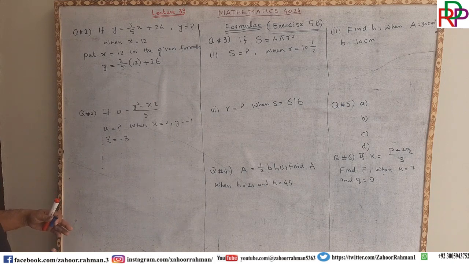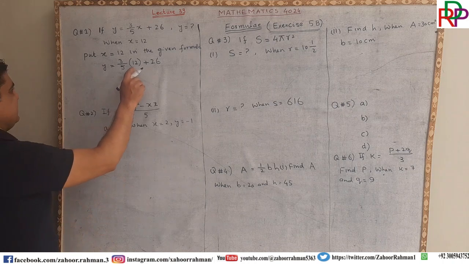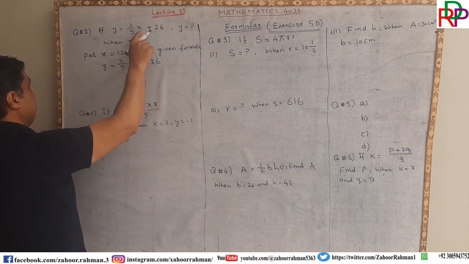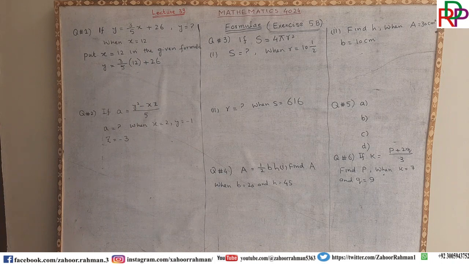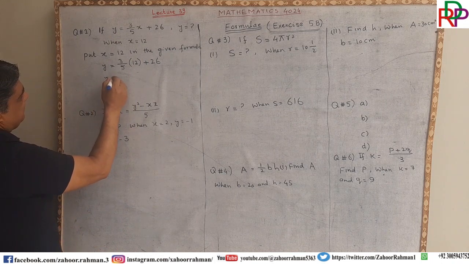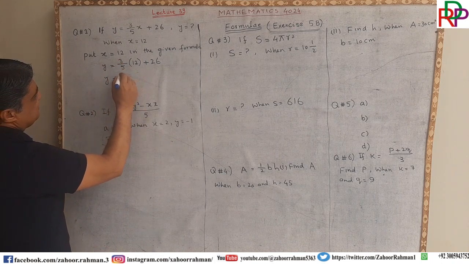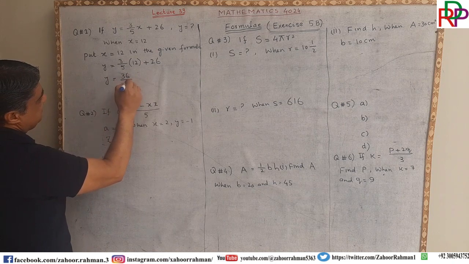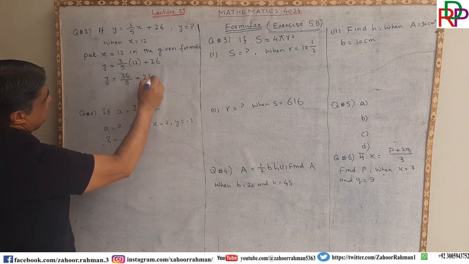In computer programming, when you are passing values to a function, that is called the mechanism of argument passing. So this is that argument which we are passing to this variable. Now we have to simplify it. 12 3s are 36, divided by 5, plus 26.